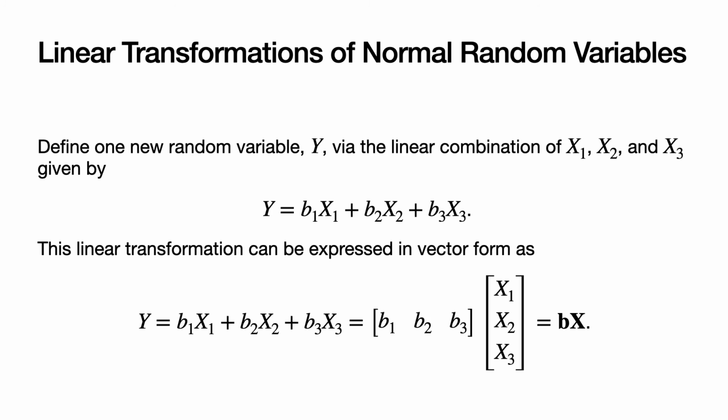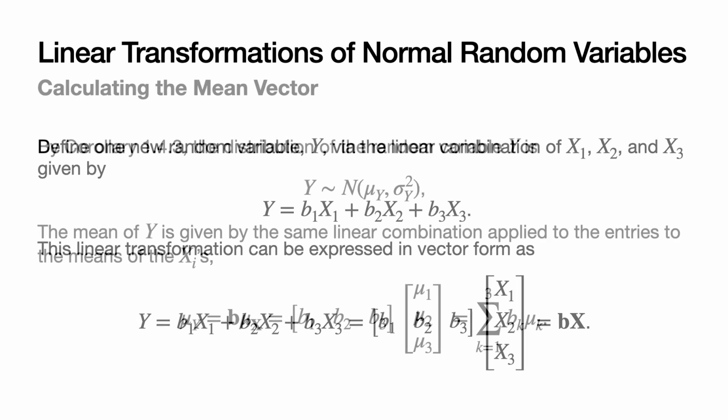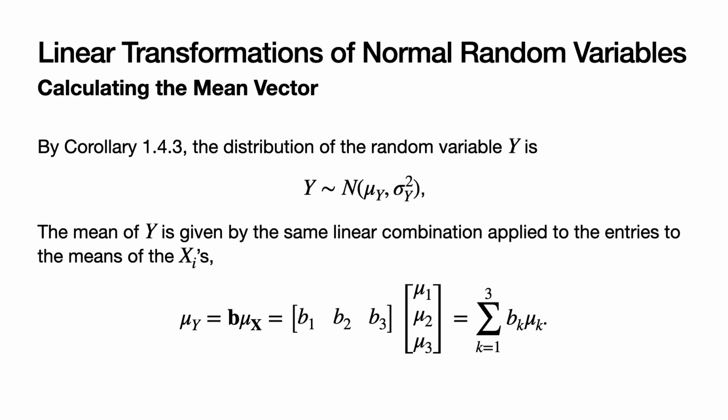This linear transformation can be expressed in vector form as the inner product of this vector that we're calling b with the x vector, where the b vector contains the coefficients for that linear transformation, b1, b2, and b3. And so by Corollary 1.4.3, the distribution of the random variable y is a univariate normal distribution with mean denoted by mu sub y, variance denoted by sigma squared sub y.